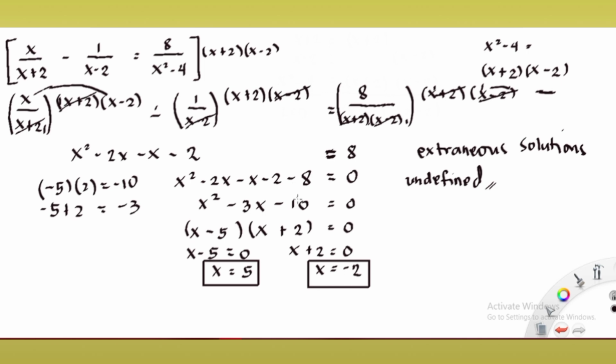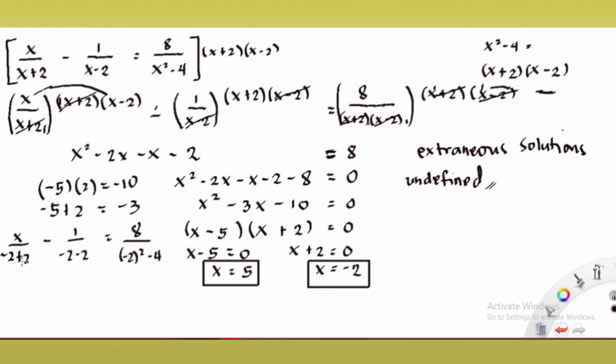So, kung mapapansin, pag sinubstitute natin ang negative 2 dito sa whole equation, dito pa lang sa una, x over, palitan ng x ang negative 2 plus 2, minus 1 over, ito, yung x palitan ng negative 2 minus 2, equals 8 over, yung x ay negative 2, square ng negative 2, minus 4.